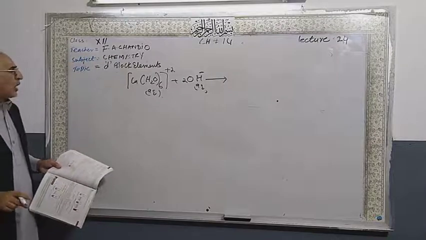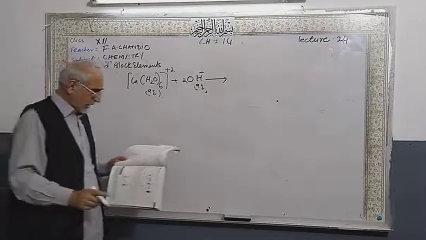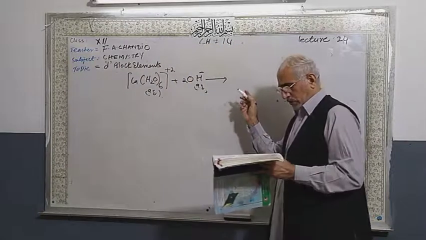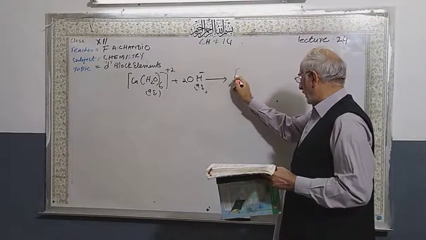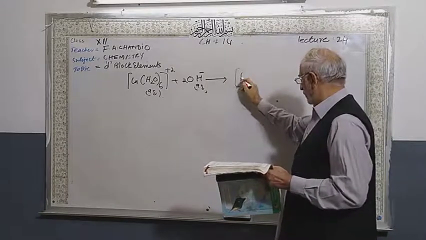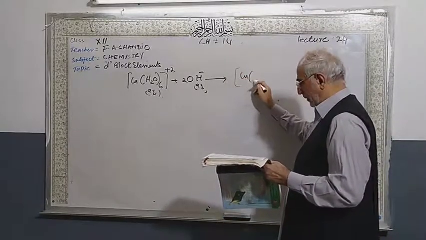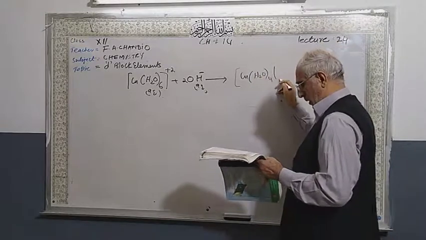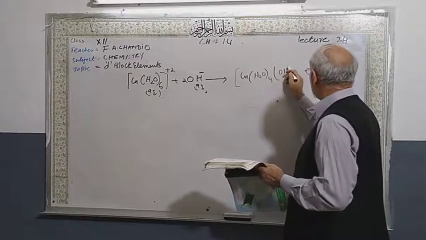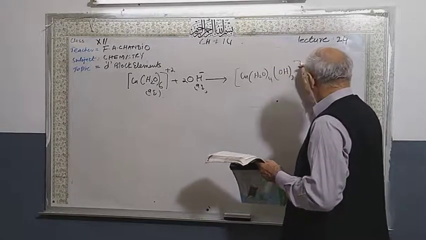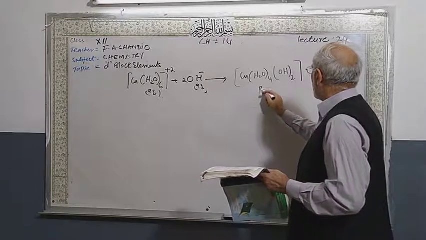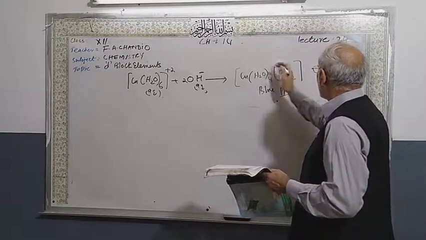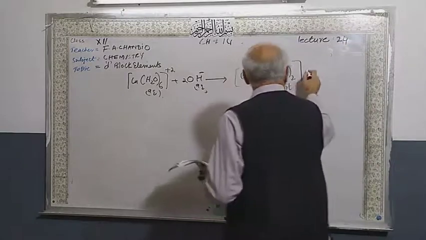Hexa aqua copper 2 reacts with hydroxide, and you will get a blue compound, copper tetra aqua dihydroxo, blue color precipitate. It's a blue precipitate, no charge is there, plus 2 water.